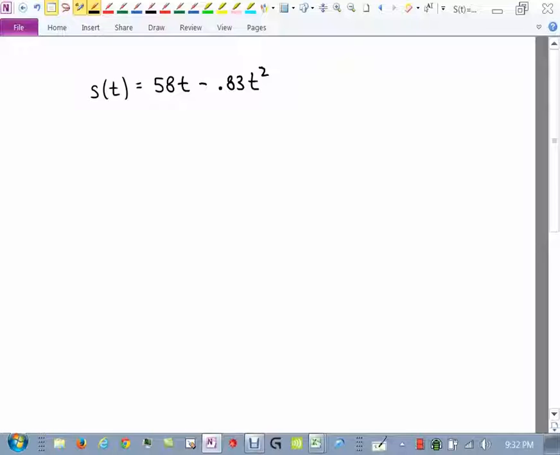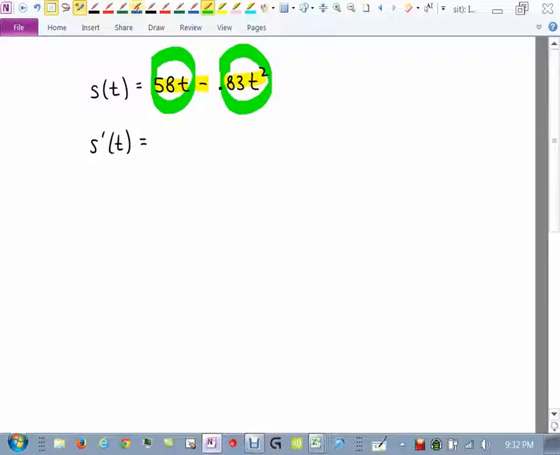We have two terms because they're separated by addition or subtraction. So I just need to take the derivative of each one of these individually. Well, the 58 sitting in front is a constant in front of t. Now t by itself, if I take the derivative of t, that's like asking what's the derivative of x? Derivative of x is 1. Or derivative of t in this case is 1, because t is our variable.